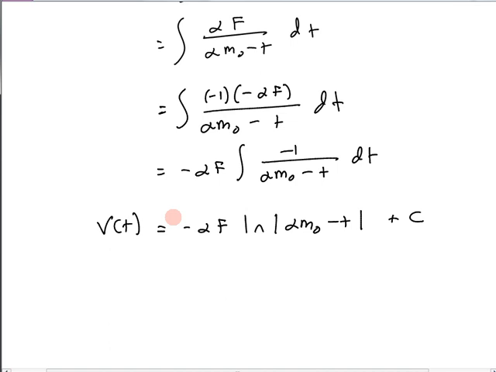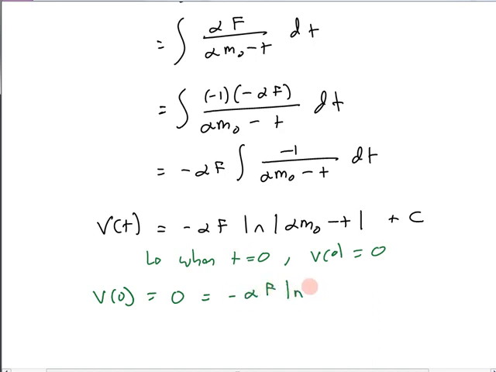Okay. Well, now that we have the velocity, let's see if we can find that constant of integration. Because we know that when time is 0, the velocity is also 0. So v of 0 is 0. So v of 0, that's 0, and that's negative alpha f times the natural log of alpha m naught take 0, plus c.